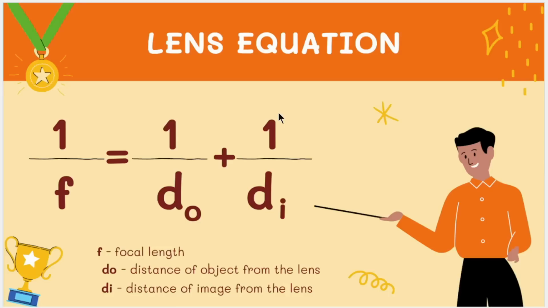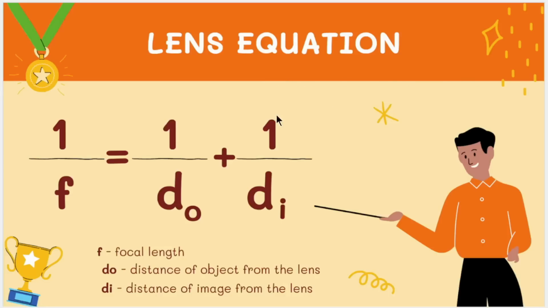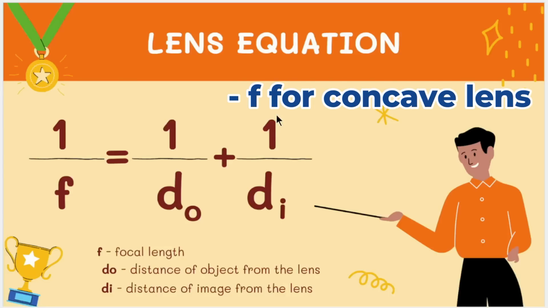Okay, so what are some important sign conventions here? If your lens is converging or convex, your focal length is positive. If your lens is concave or diverging, your f is negative.